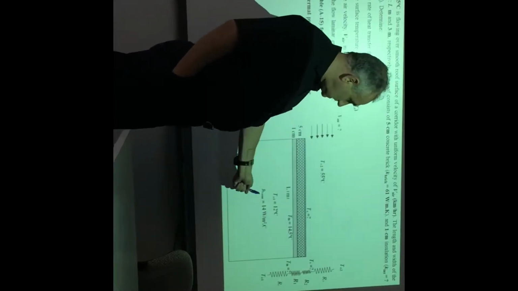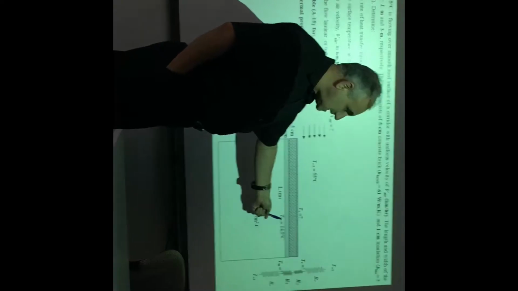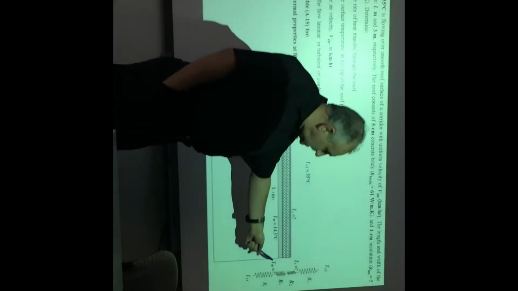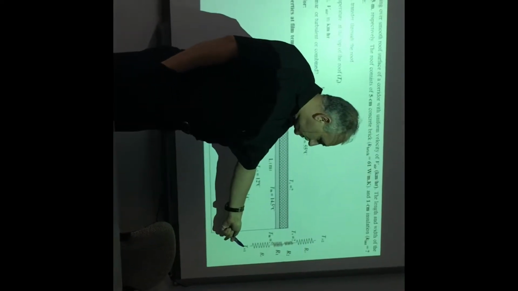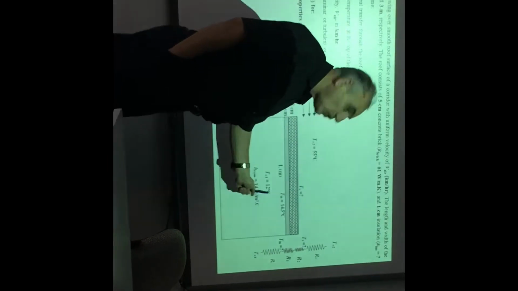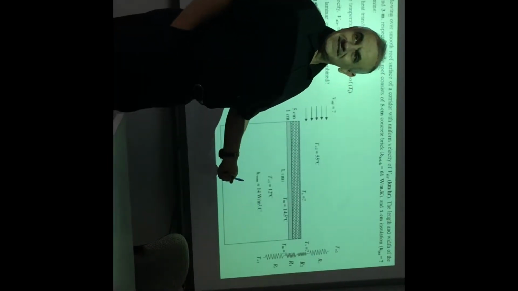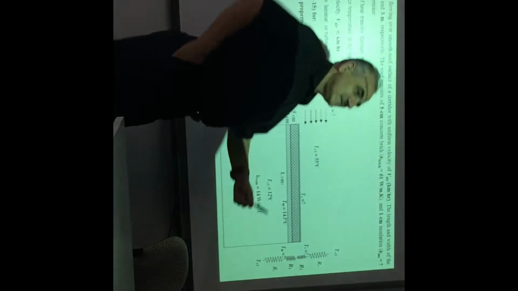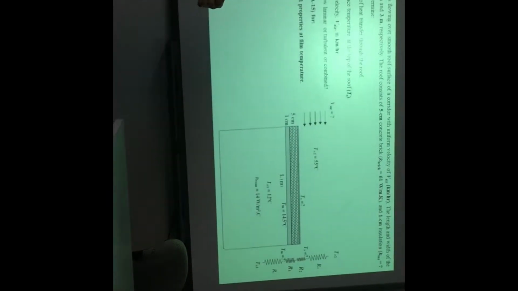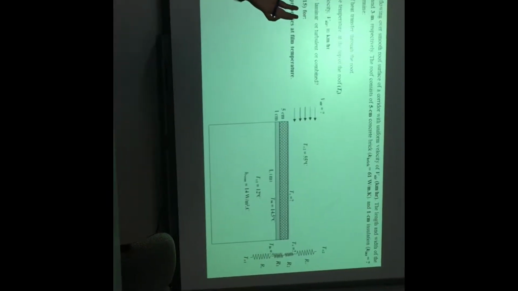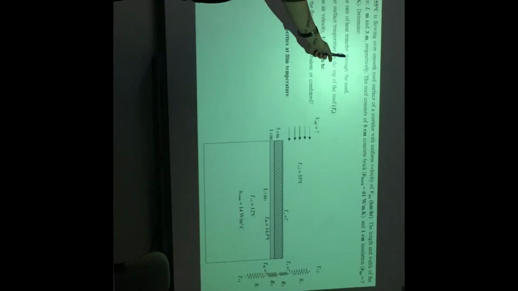The room has a temperature, the surface has another temperature. T fluid 1 is known, and the resistance here is known because it is convection. You can calculate Q with a very simple equation. Now the first part is done.